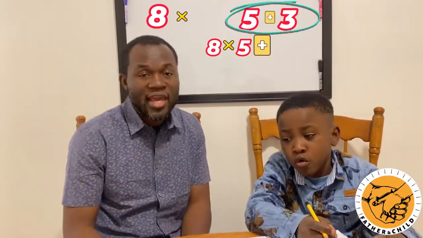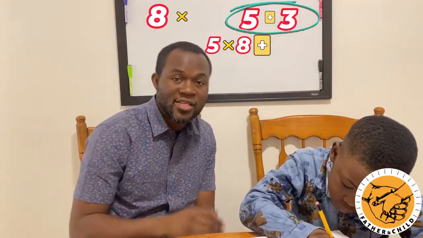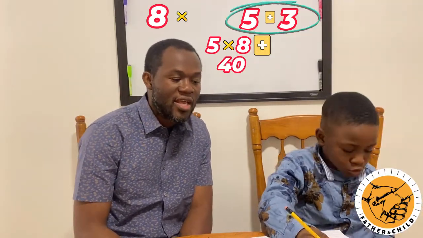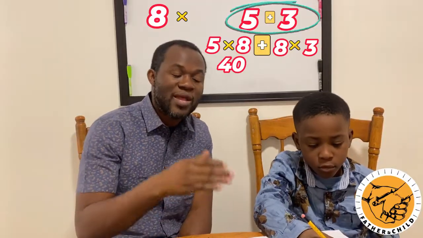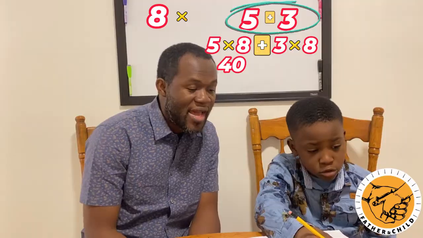So let's do 8 multiplied by 5, which is 5 multiplied by 8. And that will give us what? 40. Good. And now let's do 8 multiplied by 3, or 3 multiplied by 8.